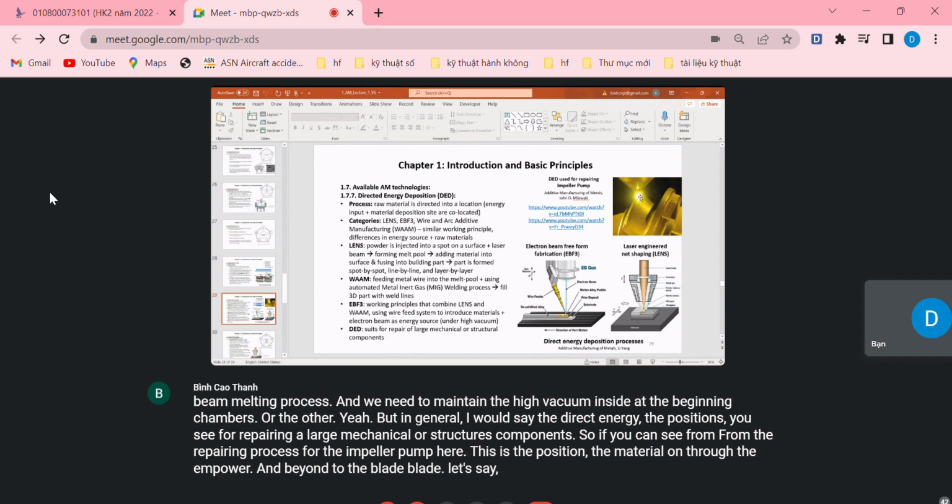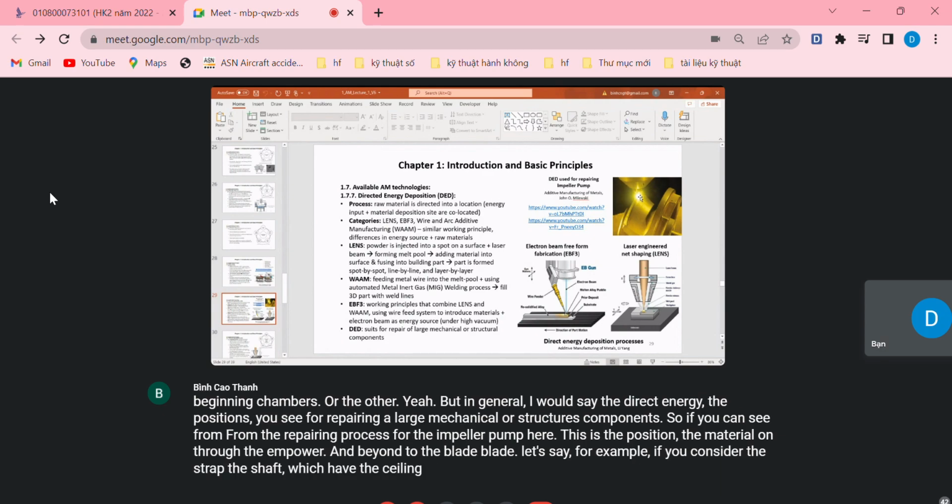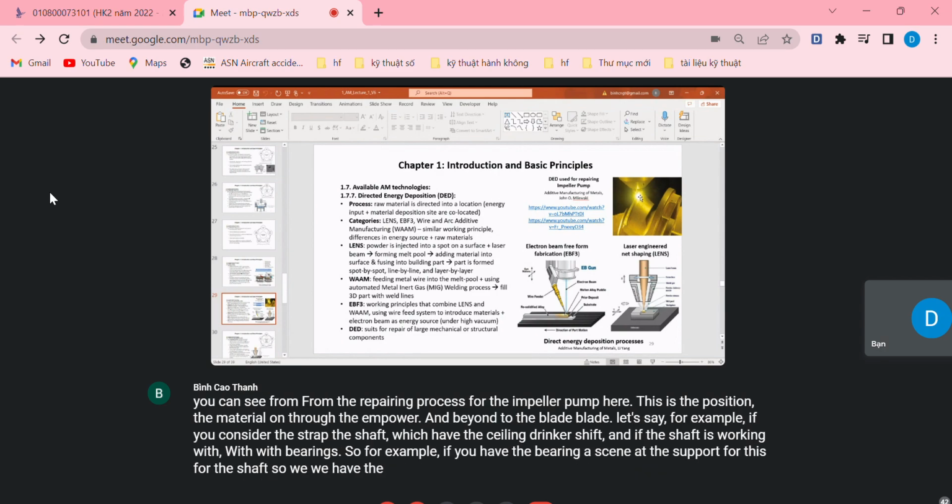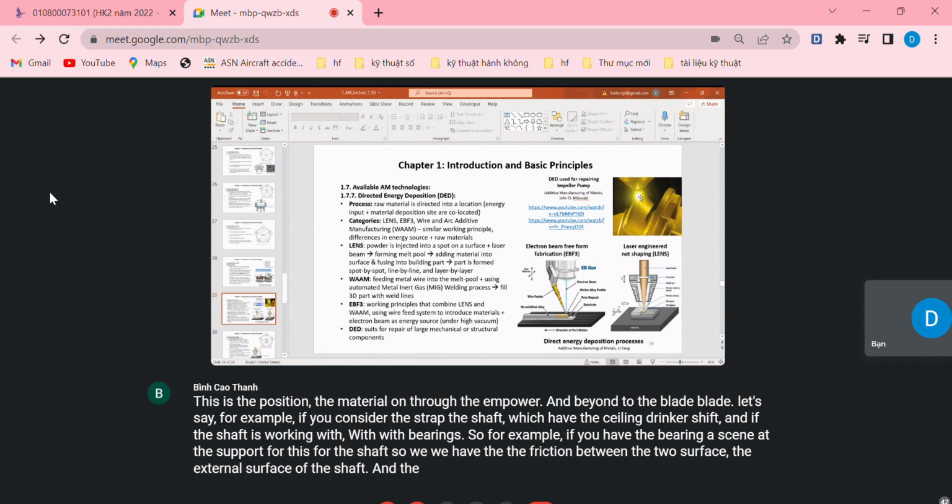Let's say, for example, you consider a shaft, which has a cylindrical shape, and the shaft is working with a bearing. If the bearing is the support for the shaft, we have friction between the two surfaces: the external surface of the shaft and the inner surface of the bearing.